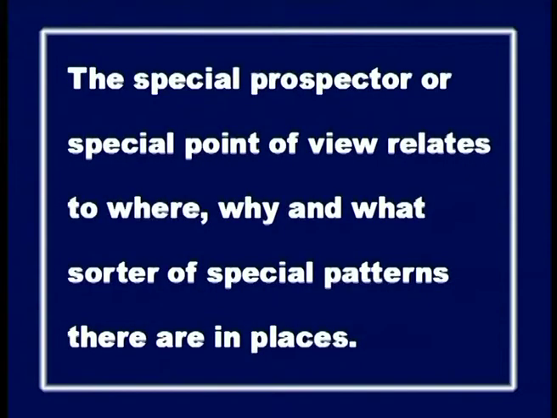Spatial perspective or spatial point of view relates to where, why, and what sort of spatial patterns there are in places. In other words, we look at place similarities and place differences.